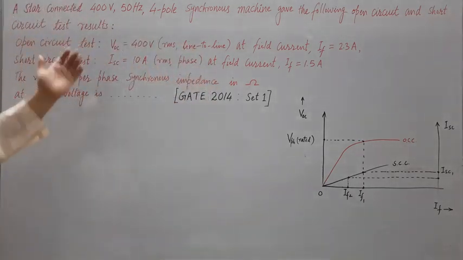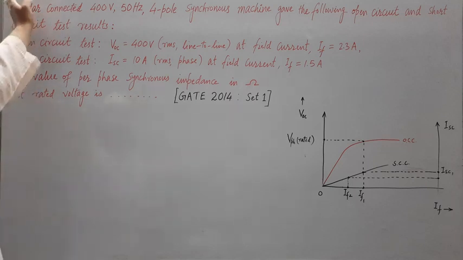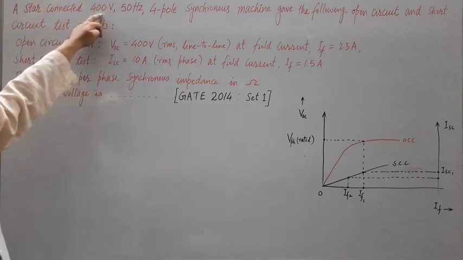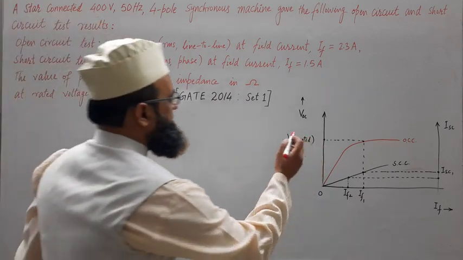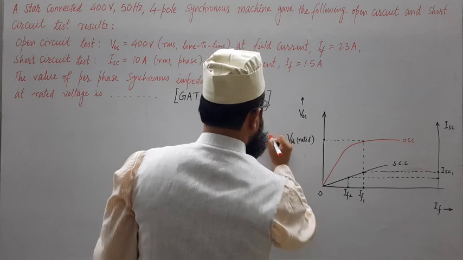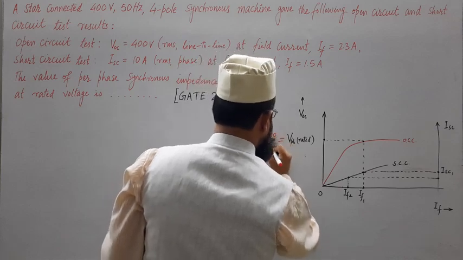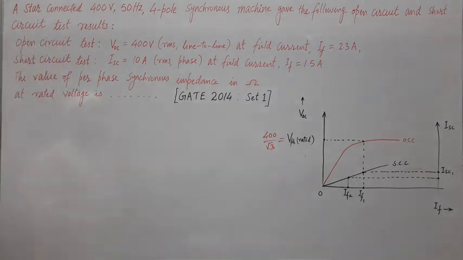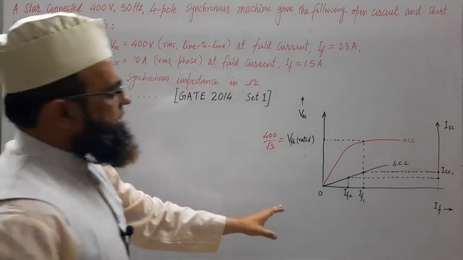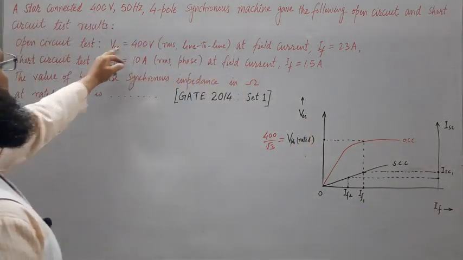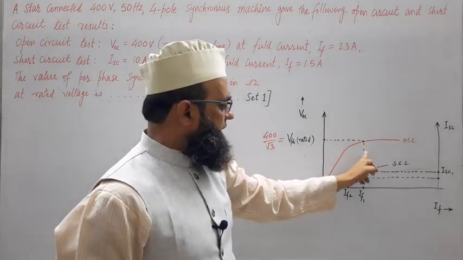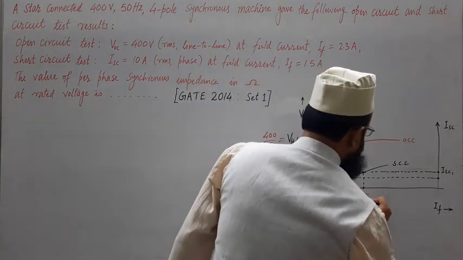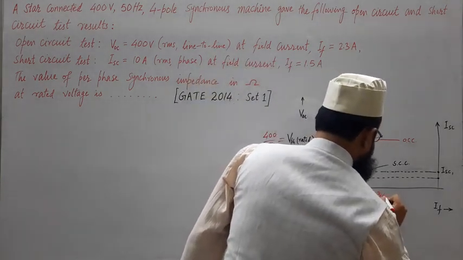So from given data, we know that VOC is 400 volt, which is the rating of this machine. This is star connected, hence rated VPH will be 400 upon root 3 per phase, right? And under open circuit test, we will consider this VOC and IF. This is obtained at field current IF1 equal to 2.3 ampere.